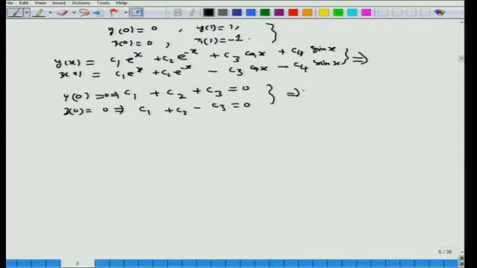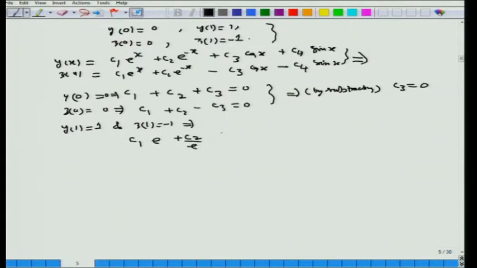Subtracting these two gives us c3 = 0. Now, y(1) = 1 and z(1) = −1 will imply that c1 e + c2/e + c4 sin 1 = 1, c3 now being 0, so that is gone, and c1 e + c2/e − c4 sin 1 = −1.